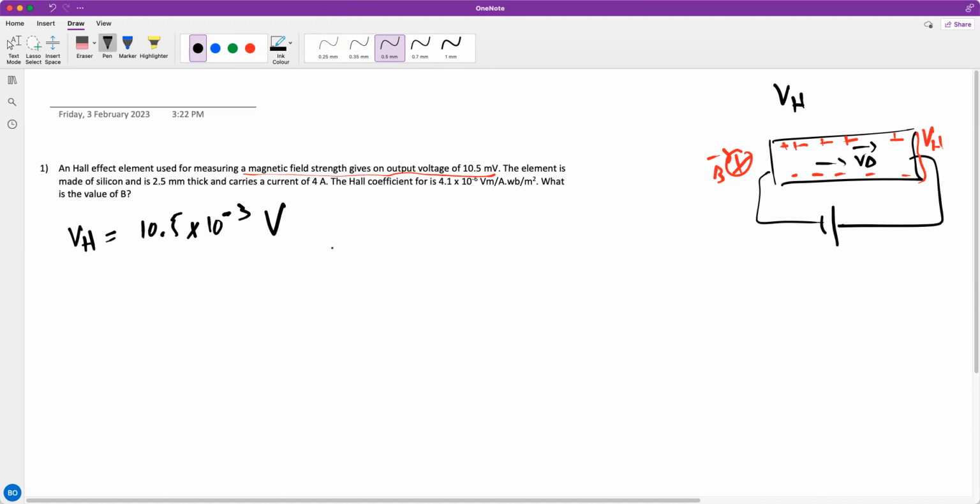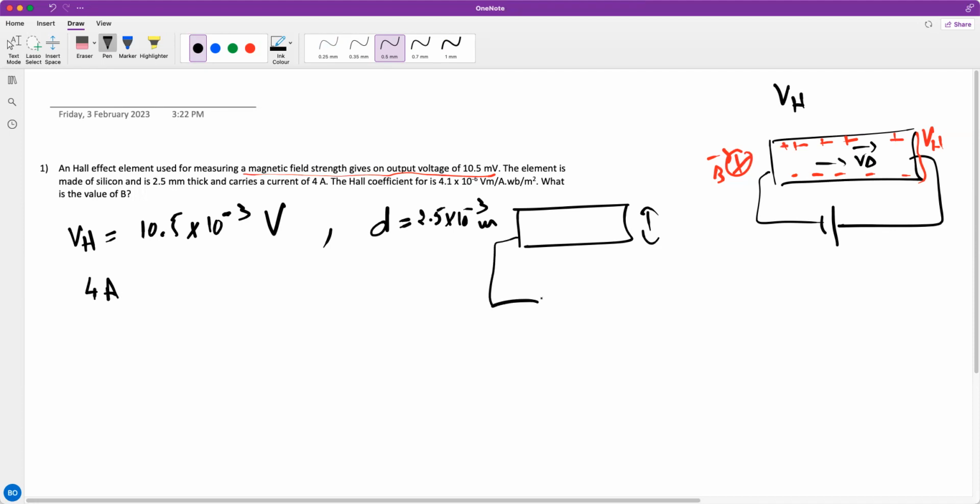The element is made of silicon and it is 2.5 millimeters thick. So here we are already given the thickness, which is 2.5 × 10^-3 meters, and it carries a current.